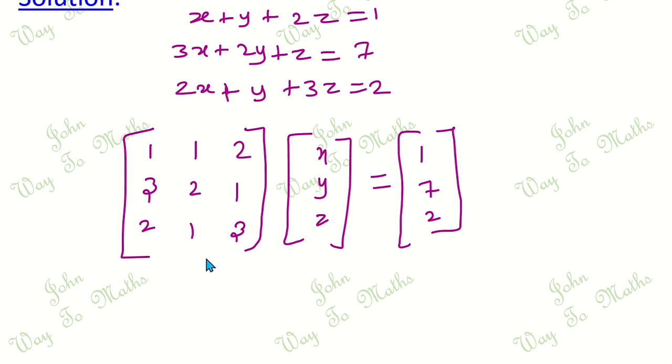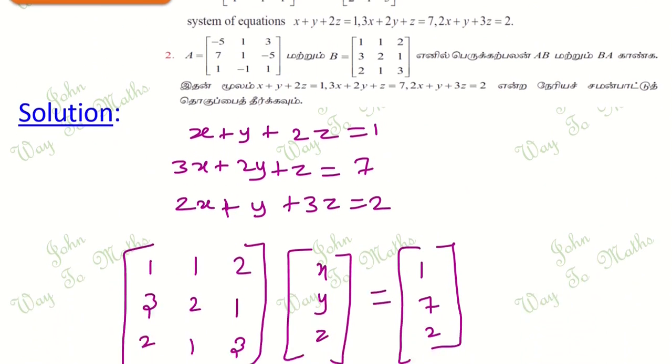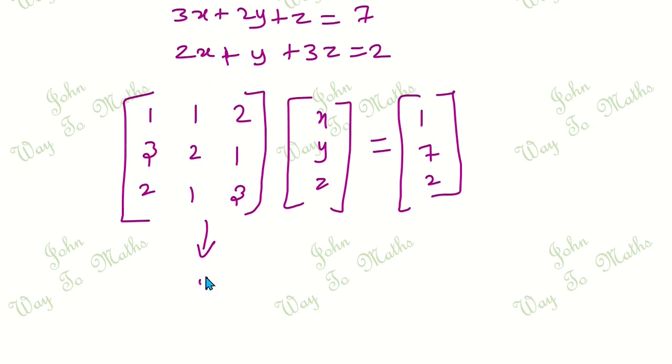So I'm going to give the names. Already this value exists in the question: 1, 1, 2, then 3, 2, 1, 2, 1, 3 becomes the B matrix. So here I'm going to give the name B. Then this becomes the X matrix.